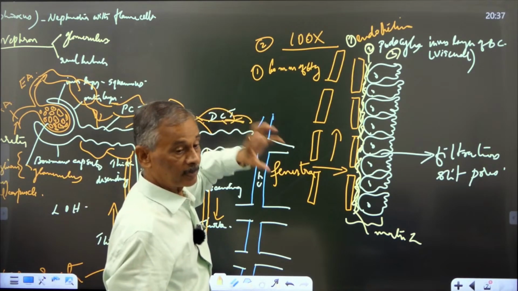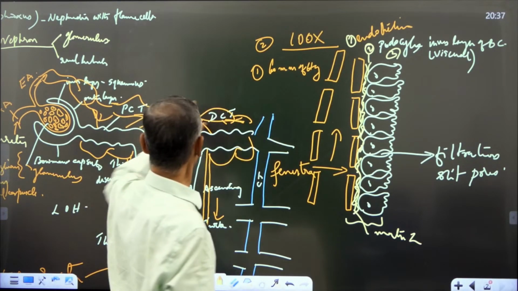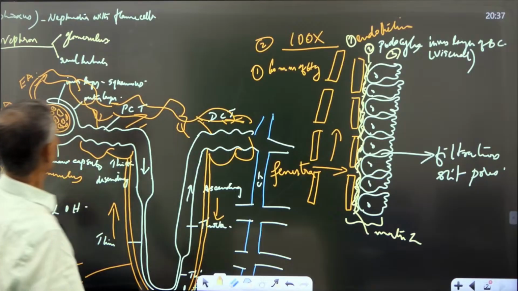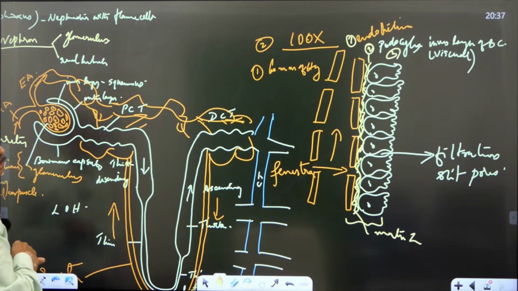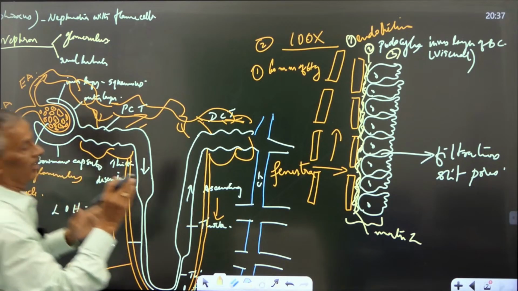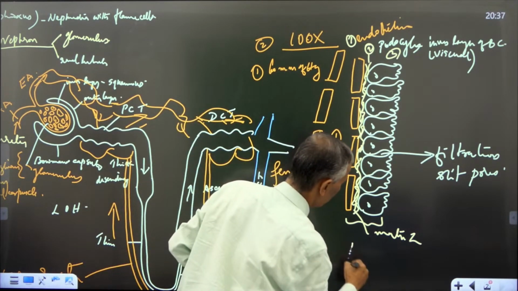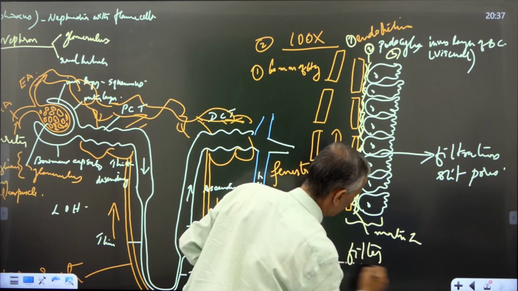So, the capillaries, or the inner wall of the Bowman's capsule plus the wall of the glomerulus, together act as the filter. This is the filter that filters.